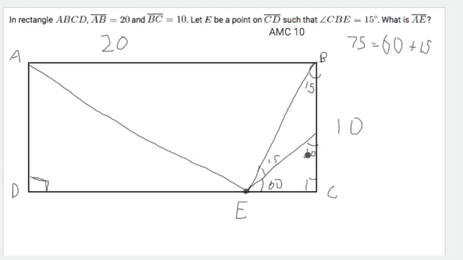Now this problem is starting to make a bit more sense because we have 30, 60, 90 triangles. What do we know about these 30, 60, 90 triangles? Pretend the side opposite to 30, let's just say it's x. That means the side opposite to 60 is x times the square root of 3. And we know the side opposite to 90 is just 2x.